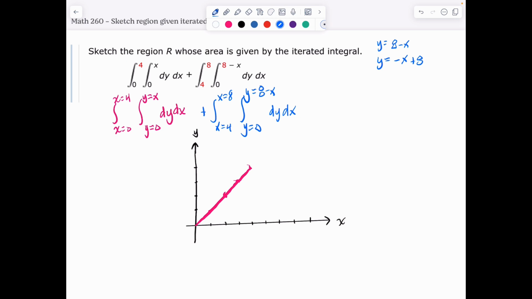But it's defined from x is 4 to x is 8. So when x is 4, you'd have y as negative 4 plus 8, so 4 would be up, so you'd have a point up at 4, 4.